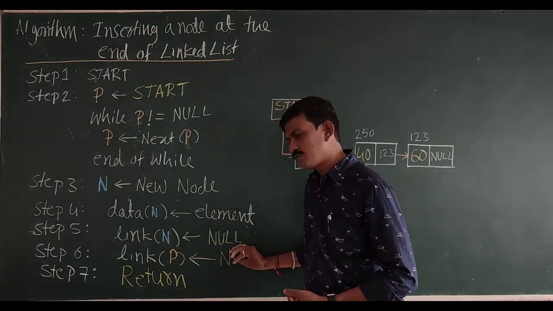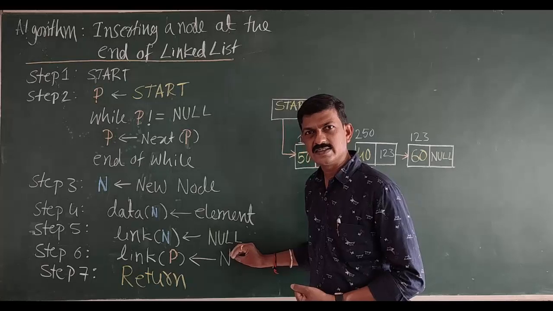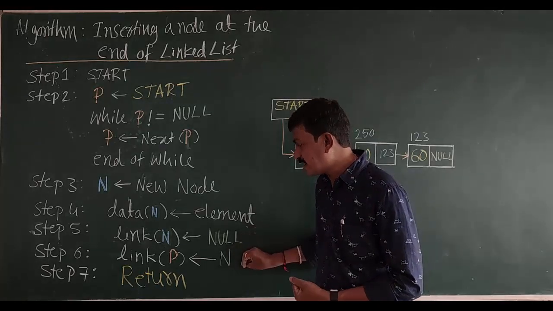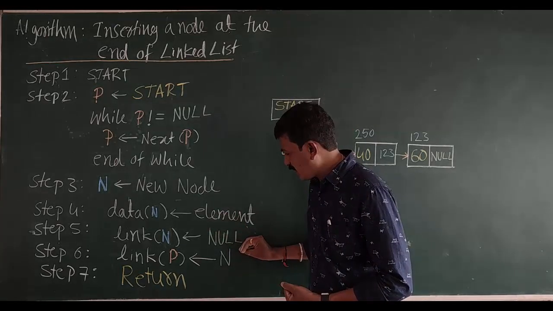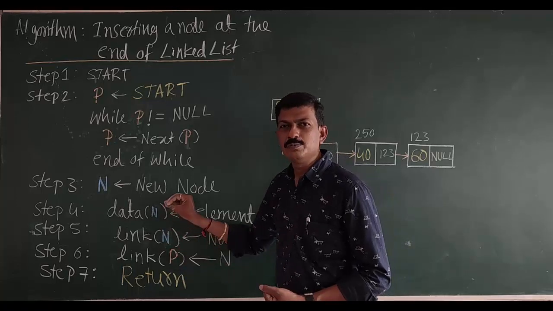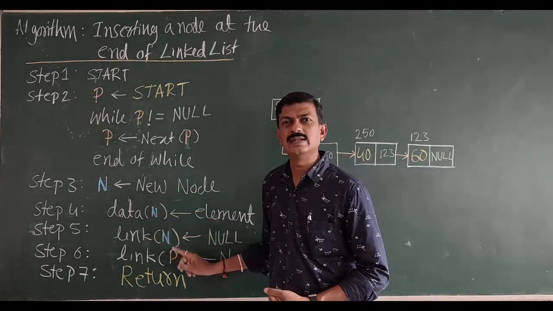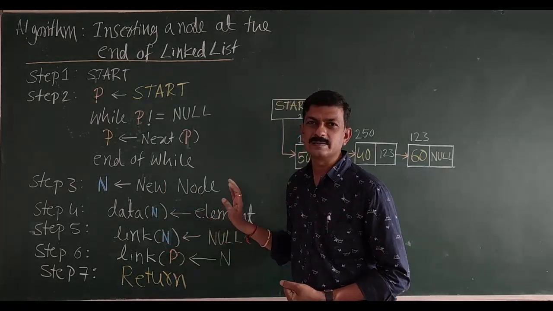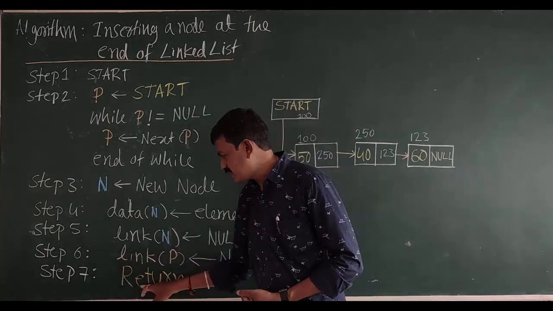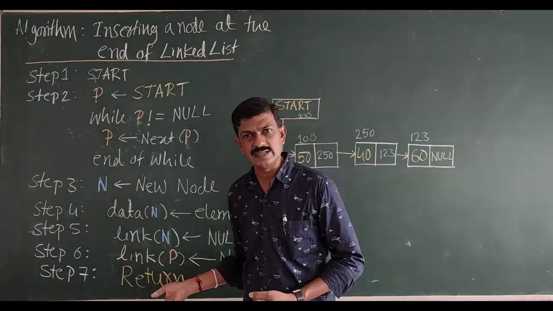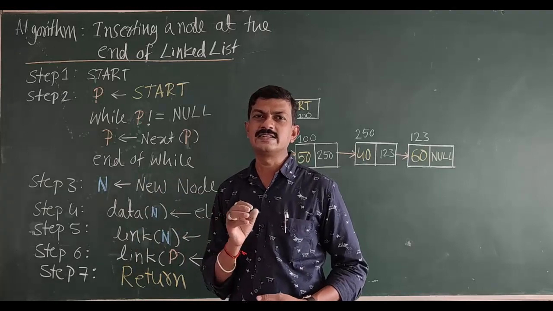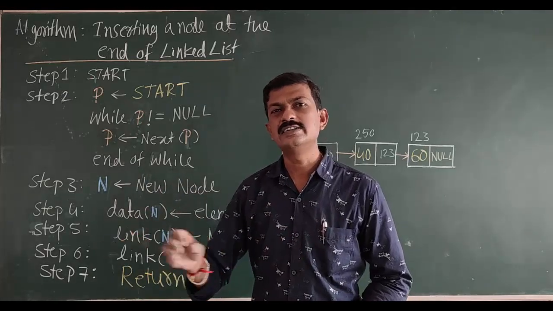The new node which I created exists at a certain location, and that address should be assigned to the previous node's link part. Step 7 is end. This is how we are inserting a node at the end of the linked list.